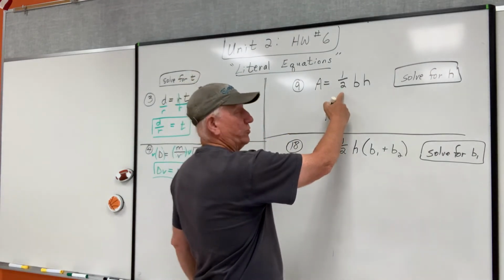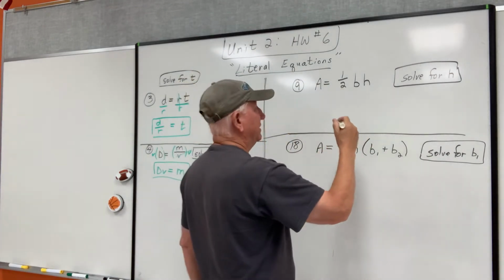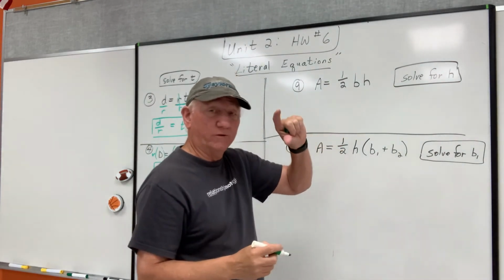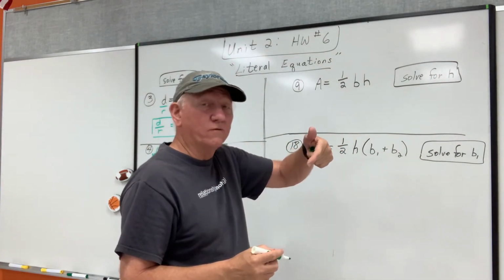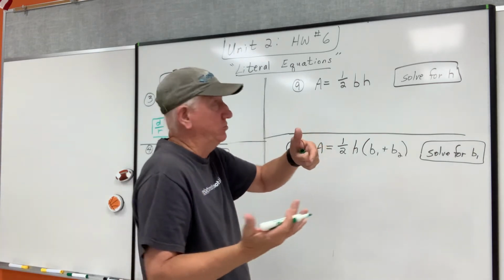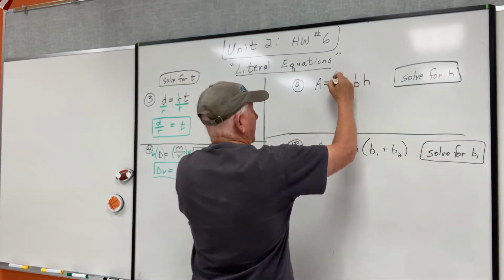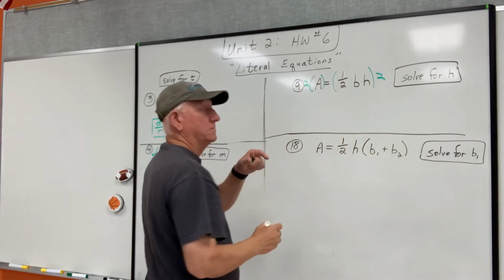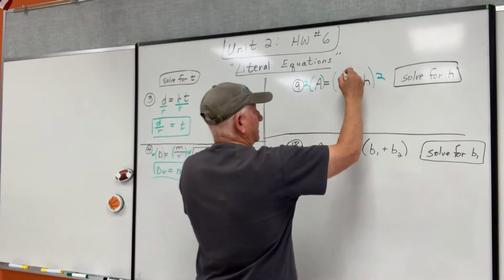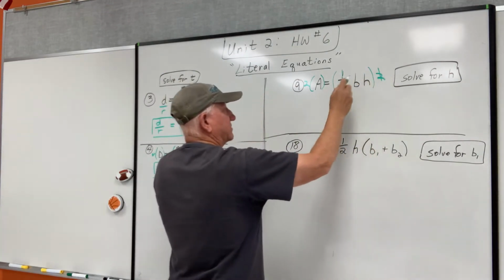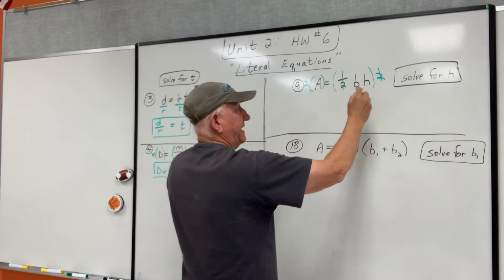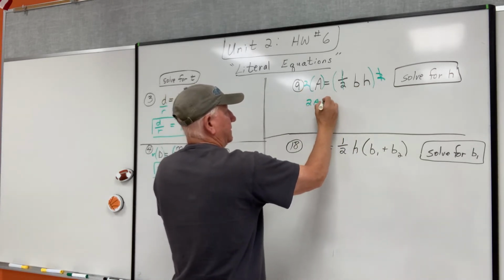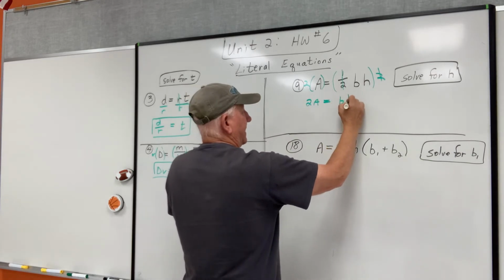So the reciprocal of 1/2 is 2 over 1. Remember, you flip it. 2 over 1 is 2. So we're multiplying both sides times 2. And when we do that, the 2's cancel out. And then 1 times bh is just bh. So now we have 2a equals bh.